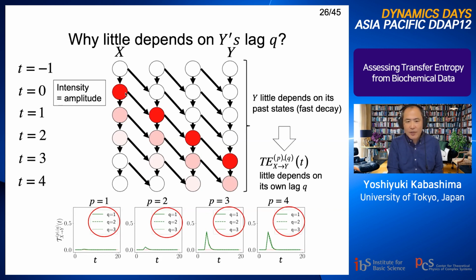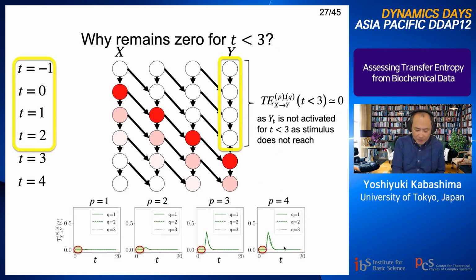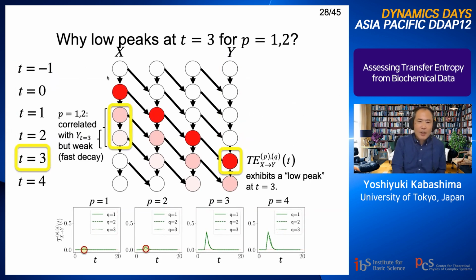Okay, it is only influenced by the left neighbors. So transfer entropy from X to Y little depends on its own lag Q, right? So there are 3 lags here, but all of the curves almost overlap. And Y shows low peaks at t equals 3 for P equals 1 or 2. You can see this is the t equals 3 case.